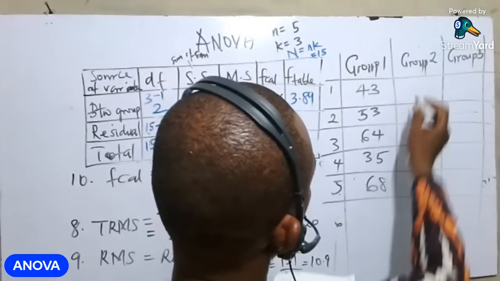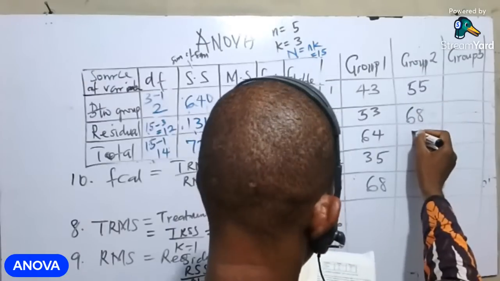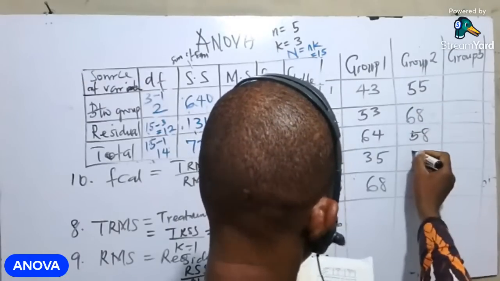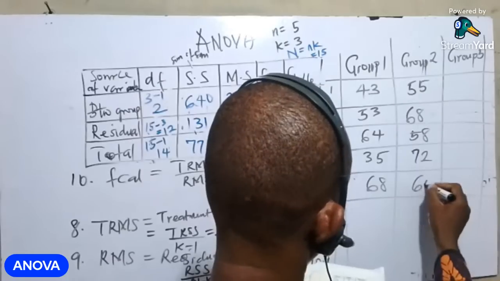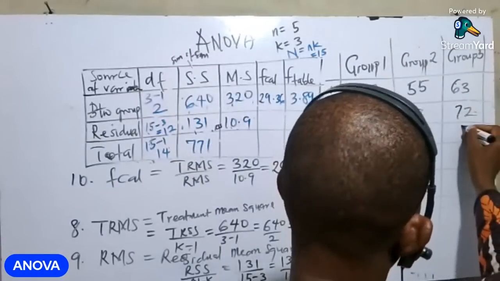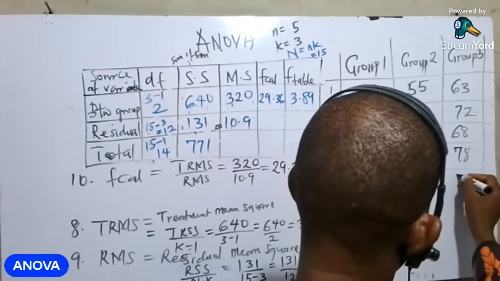For the second method, the students got 55, 68, 58, 72, 65. For the third group, the students got 63, 72, 68, 78, and 87.